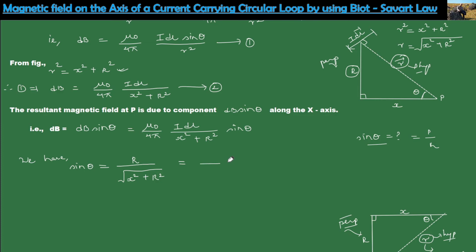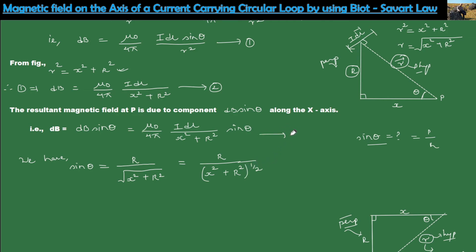In this case, I will write this radical sign in power form, which is x square plus r square to the power 1 by 2.